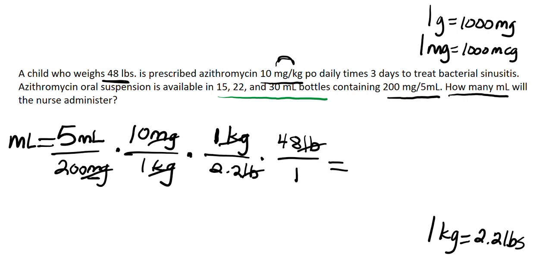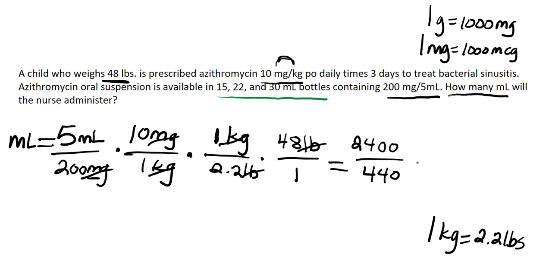And we just do our 5 times 10 times 48 is 2400. And 200 times 2.2 is 440. Oops. See, 440.